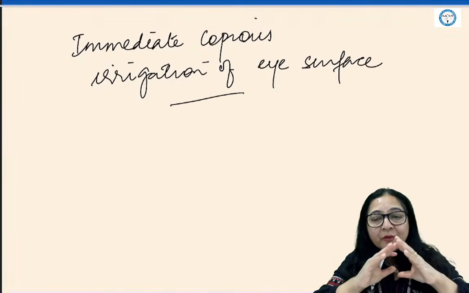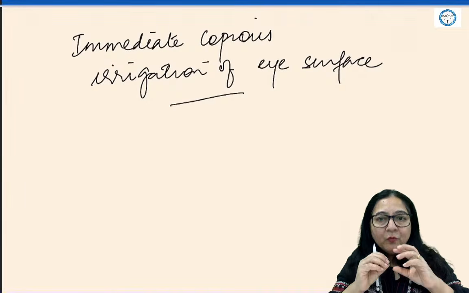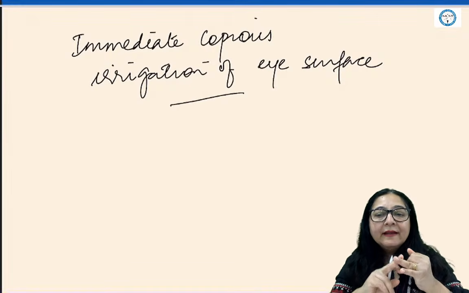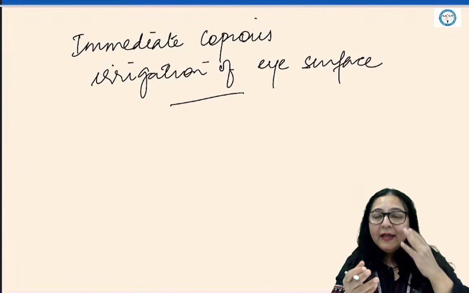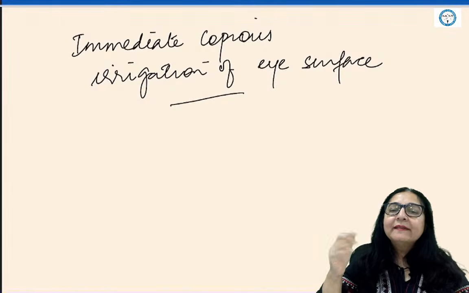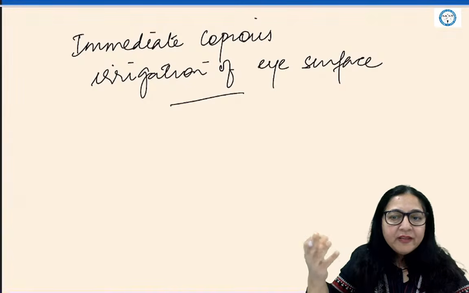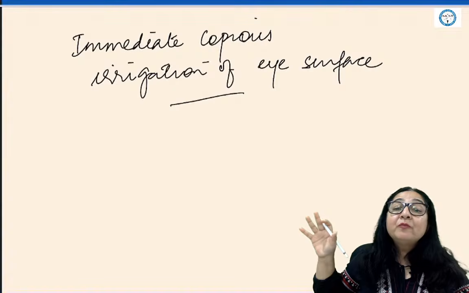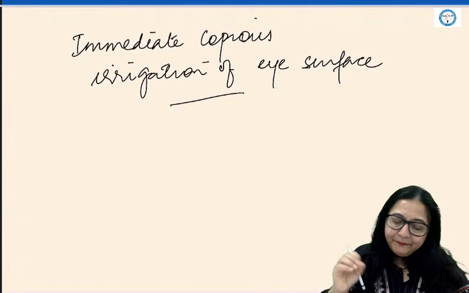Try to prevent the damage by immediately irrigating the eye with whatever eye solution is available, whether it is normal saline or ringer lactate. If nothing is available, even initially with tap water, and then try to double evert the lid to remove any chemical particles, and then you start the patient on antibiotics, anti-inflammatory, citrates, lubricating eye drops. The aim is to prevent the complications as much as possible.